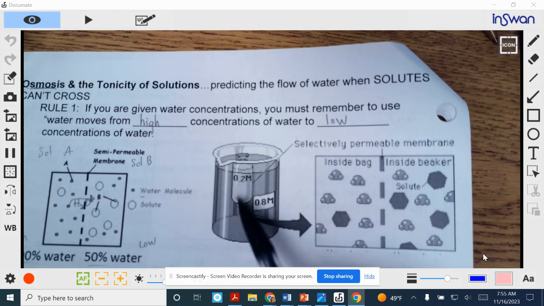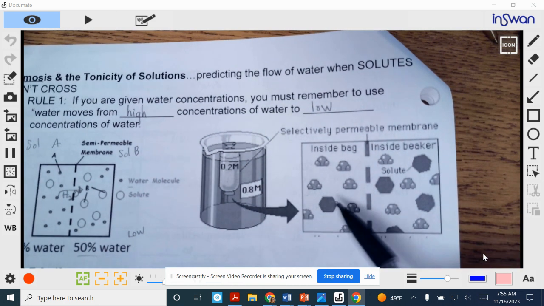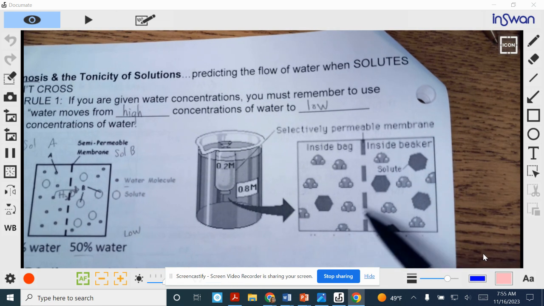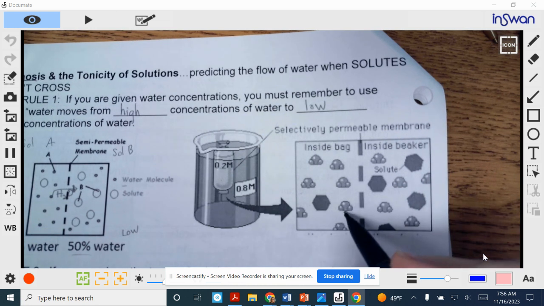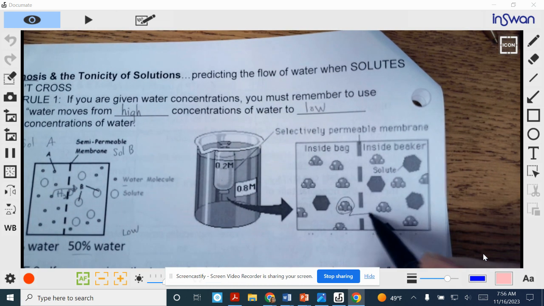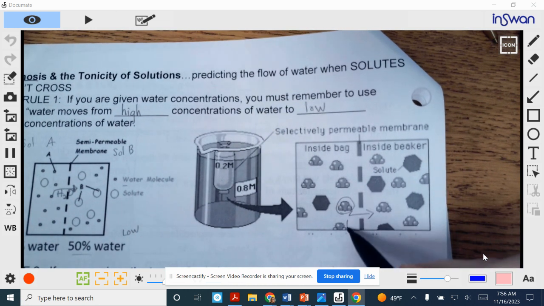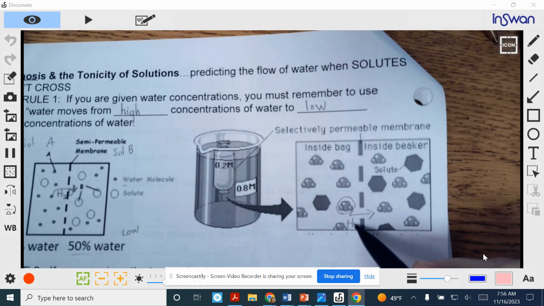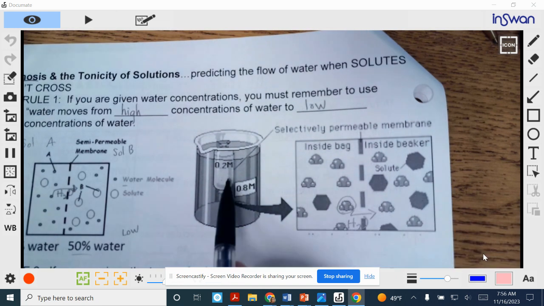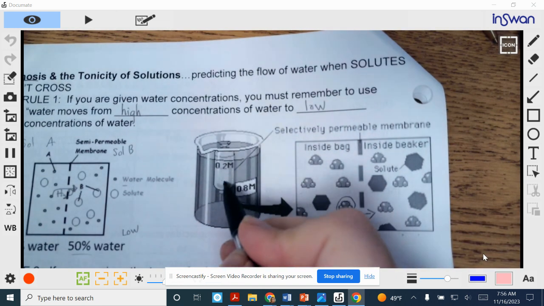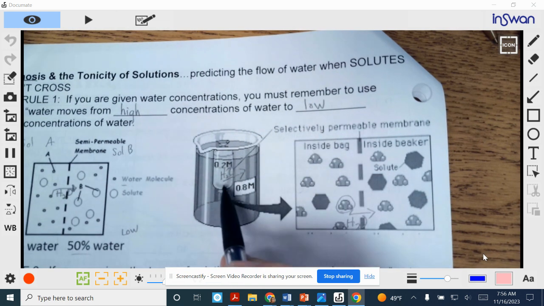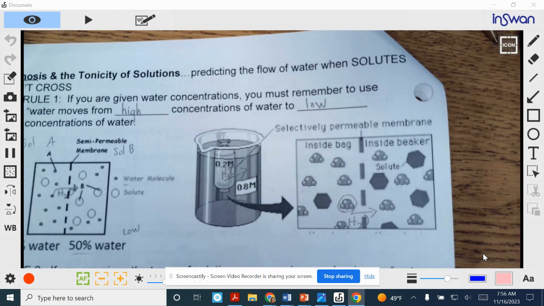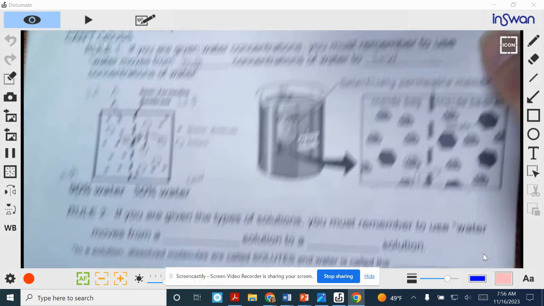You can see there are more water molecules over here, a higher concentration, and fewer water molecules on this side. So we can predict a net flow of water out of the bag and into the beaker. This bag would shrink up and have less water in it over time, and less mass.